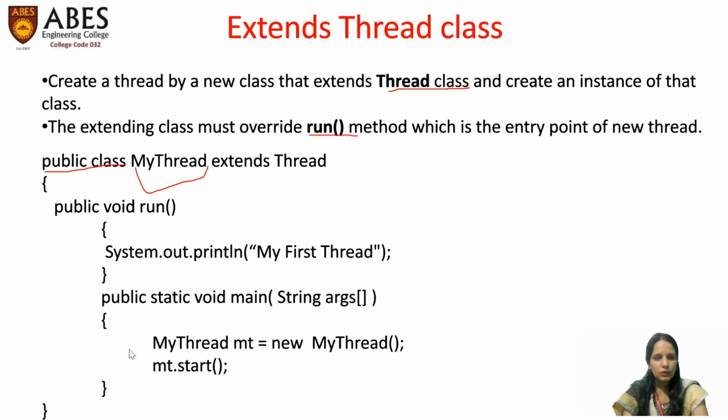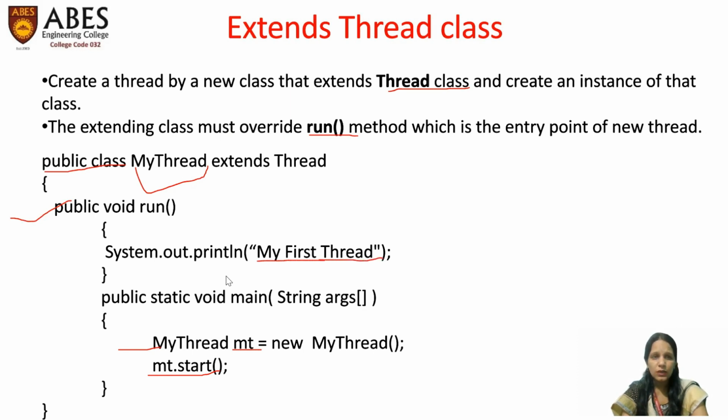So we create an object of our class, that is mt, and through mt.start() we start our run method. So what will be the output? When we start the method, it will execute this run method and print "my first thread".